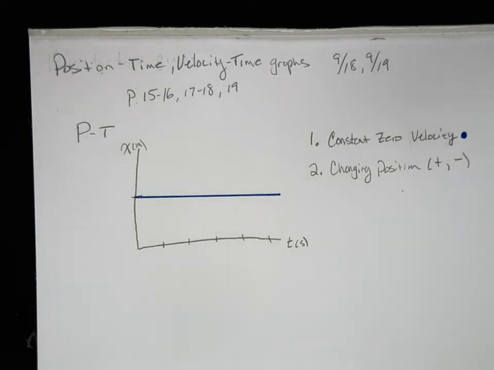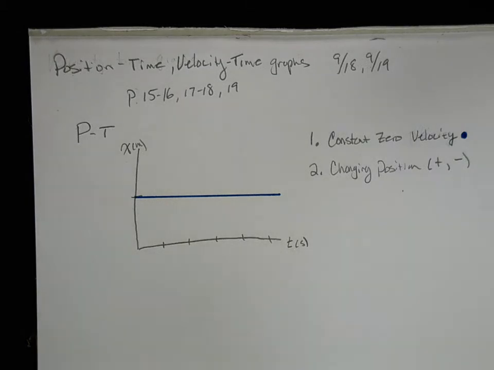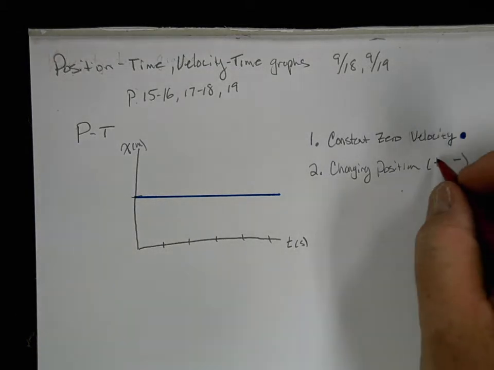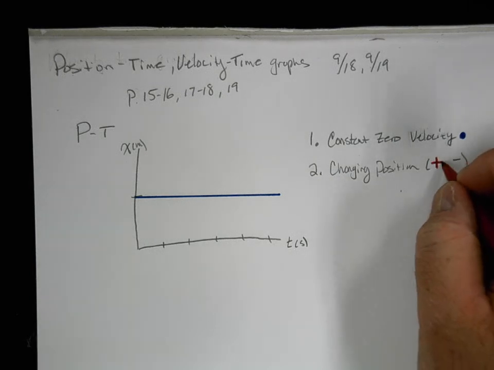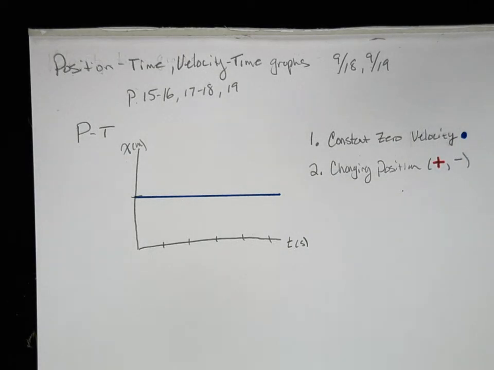In other words, we're either getting closer to the origin, and we'll call that red, or we will move away from the origin, and I'll draw that in green.